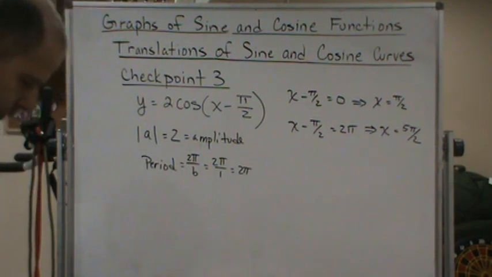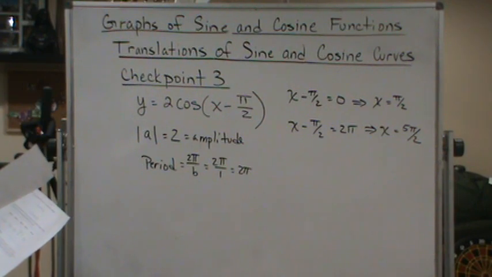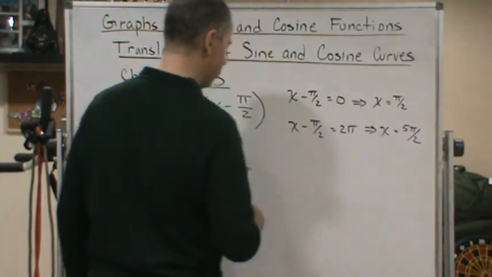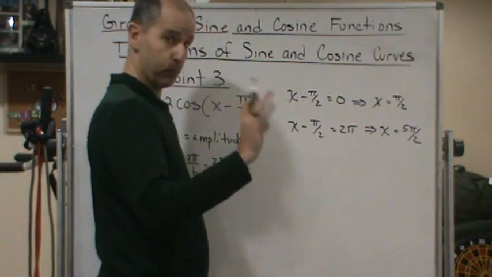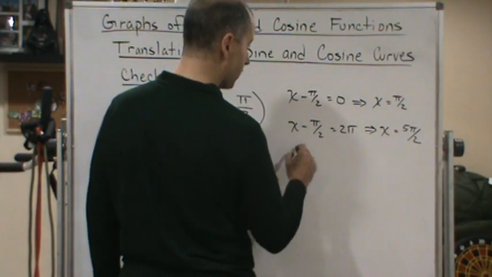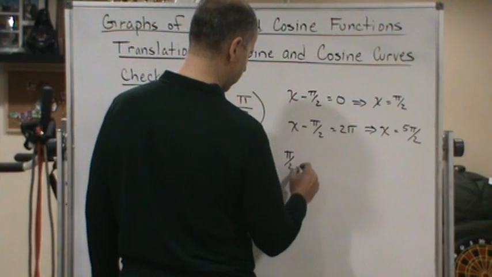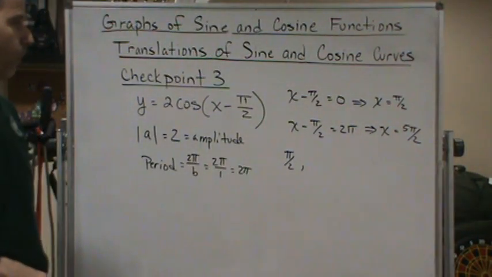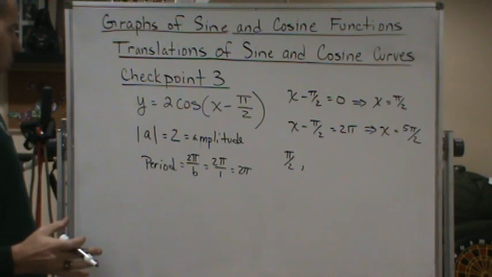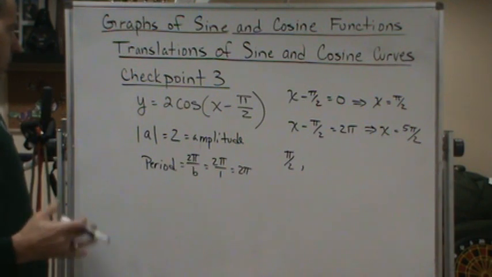Now what else do they want us to show here? Yeah, that's it. So now we know this is going to be the starting point and ending point. So now what we want to do is find our points, the important points that we're going to plot. So we're going to start with pi over 2, and then we're going to add pi over 2 to get our points.